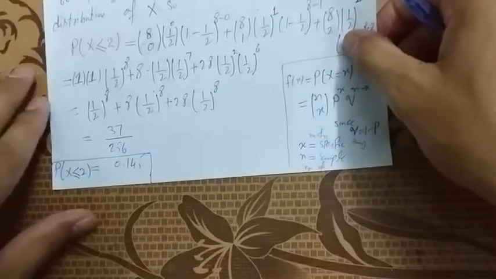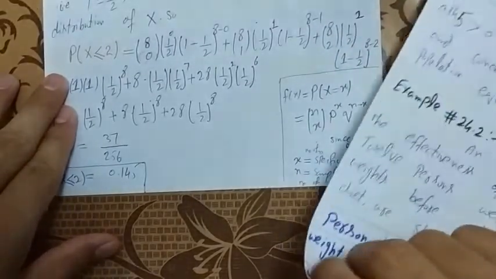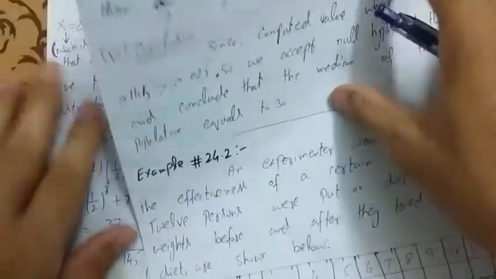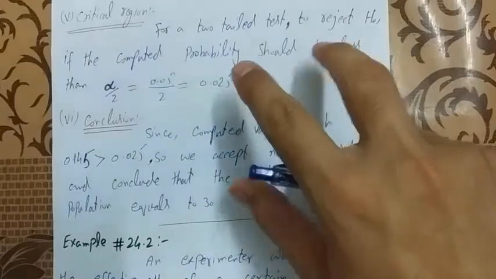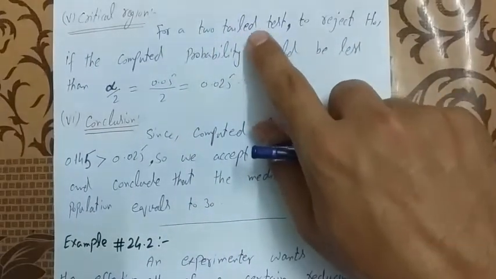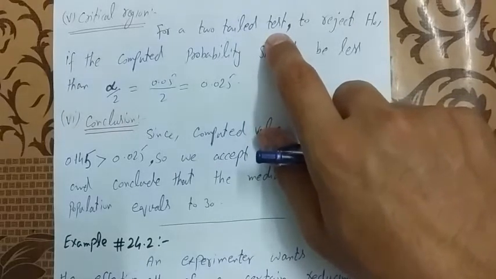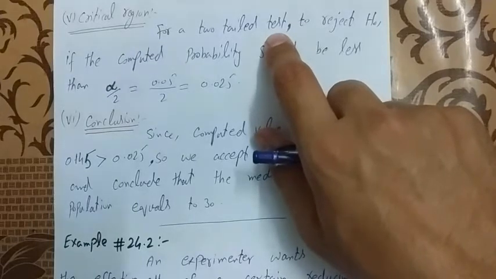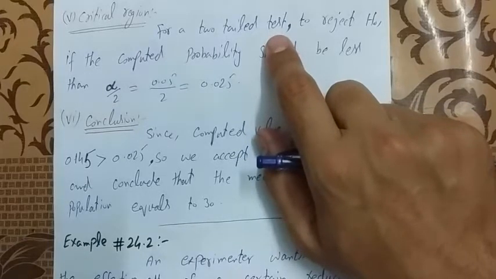Now next, in the fifth step, we find the critical region. What is the critical region? For a two-tail test, students, we understand from the start of this question the hypothesis, which is median m is equal to 30, and the alternative hypothesis m not equal to 30.